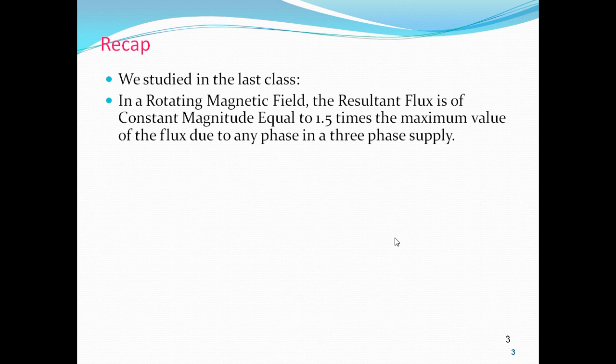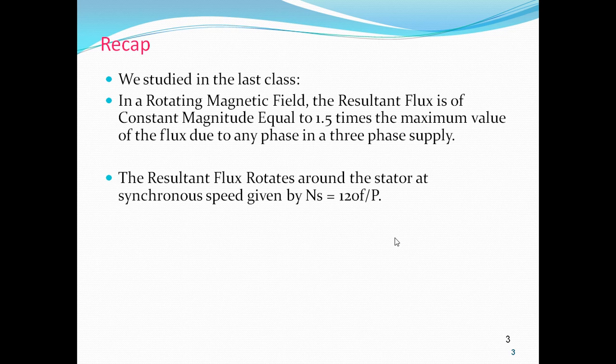That means if you give a three-phase supply to a three-phase stator winding, then it produces a rotating magnetic field whose magnitude is equal to 1.5 times the maximum flux, and it is rotating at synchronous speed.